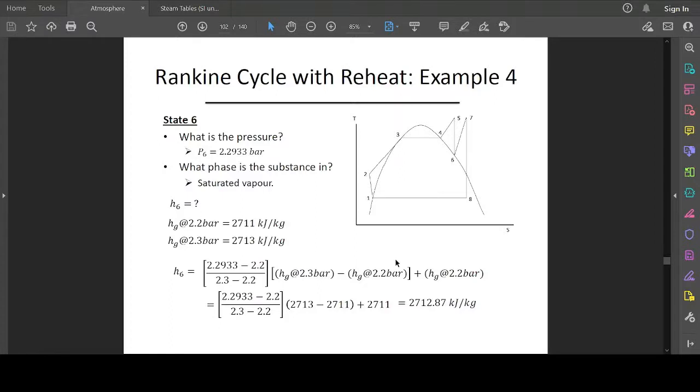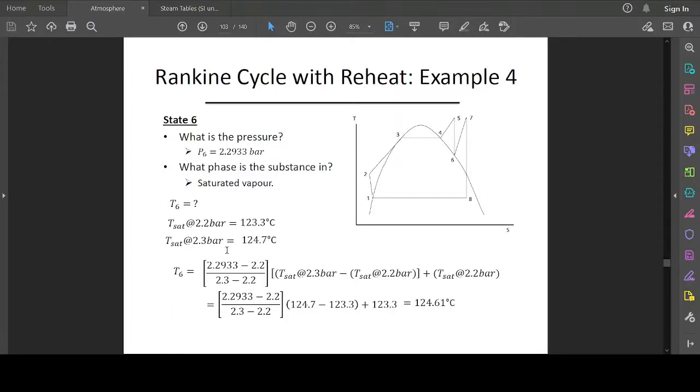We do the same for the temperature at stage 6 as well. Because we know the pressure at stage 6, we can find the corresponding saturation temperature. Because this is not a standard number in the steam table, we need to interpolate between the values that it falls between, and if we do interpolation, we arrive at 124.61 degrees Celsius.